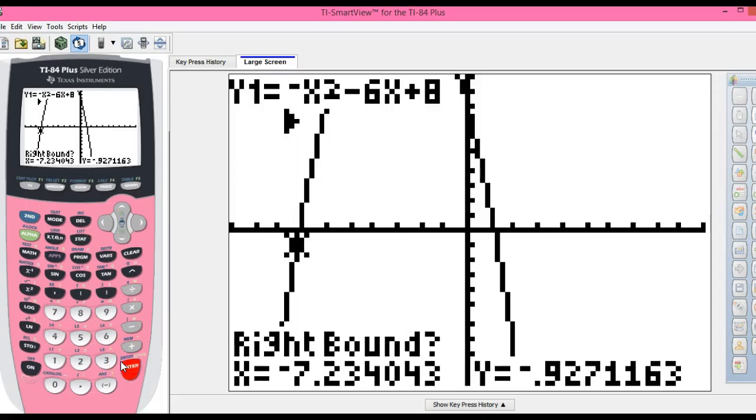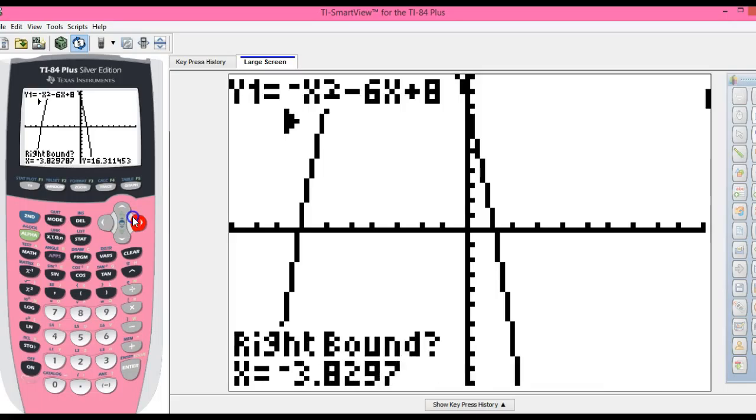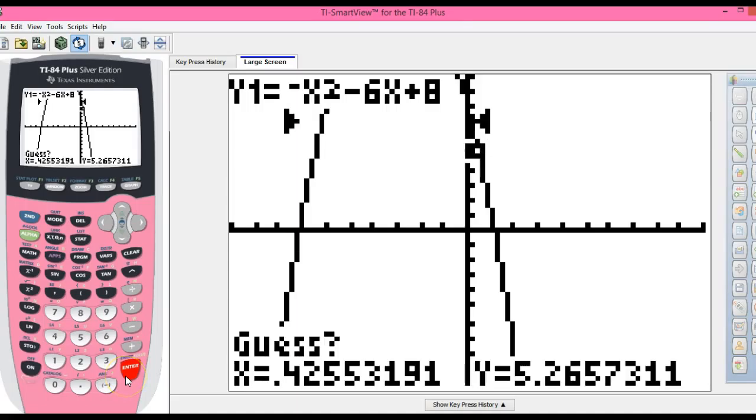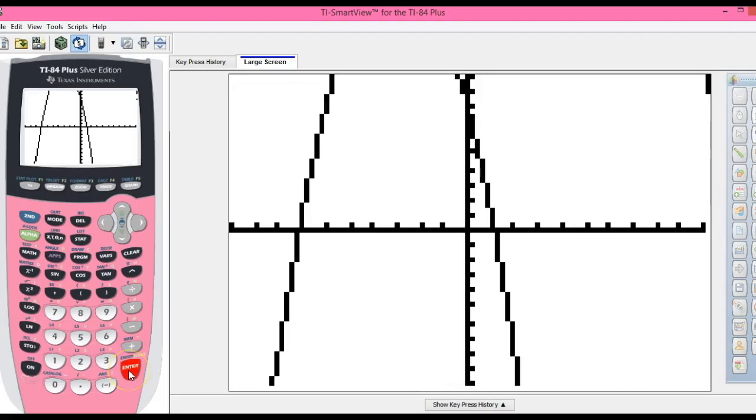Hitting enter. Right bound. I know right now I can't see it. Can't see it. Can't see it. Oh, now I can. So I'm going to hit enter. And then I'm just going to go up to where I can't see it and hit enter.